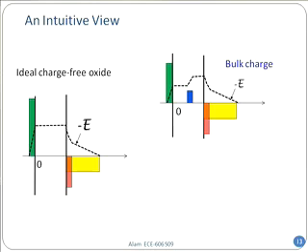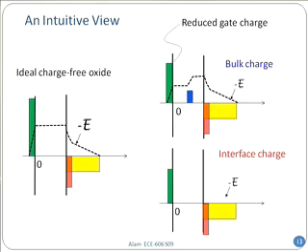Had this blue been negative, it would have gone the other way, right? You realize that. Now you also should realize that it really matters where the blue charge is, because if the blue charge, which I've shown here in red, is close to the surface, do you see the consequence of that?